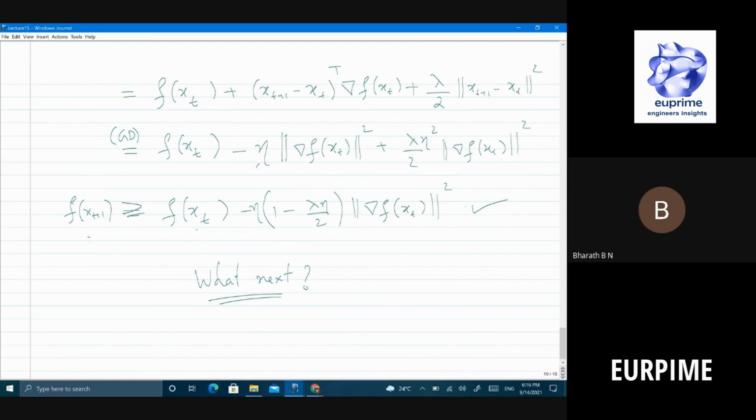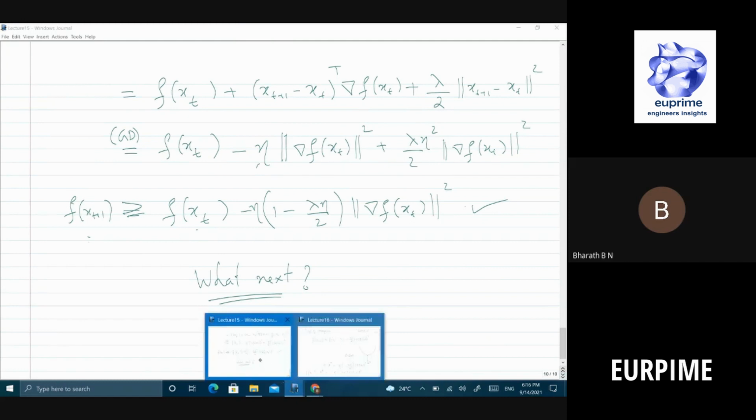There is some issue. Let me tell you what the issue is. Essentially I have to say that if the gradient is small, then the gap is also small, right? This is very intuitive.